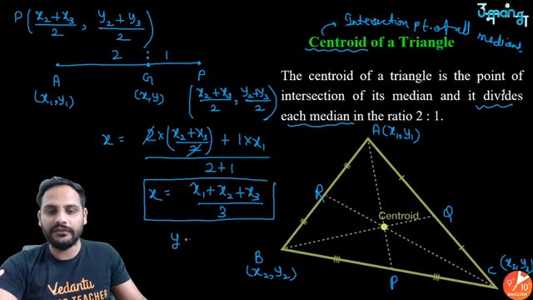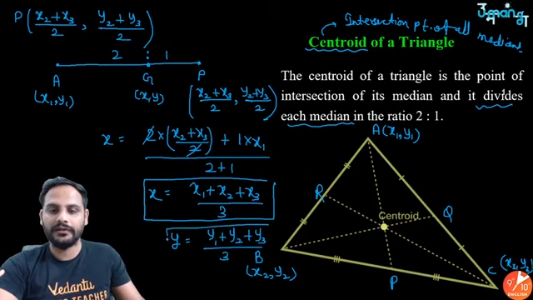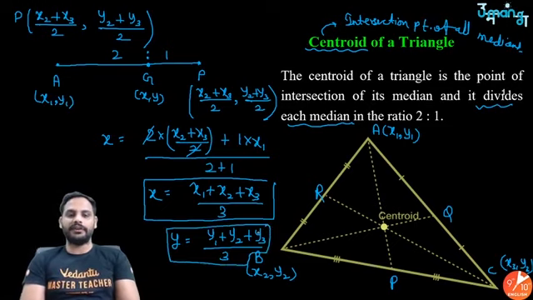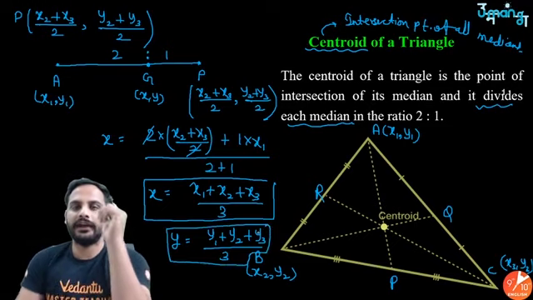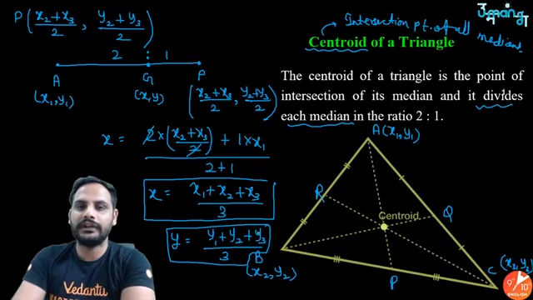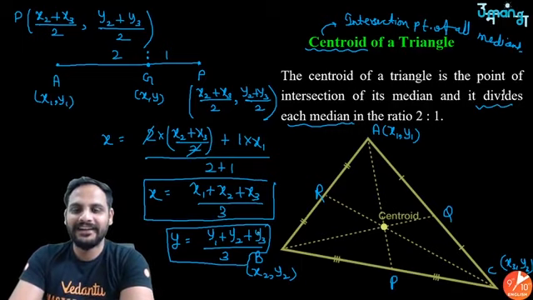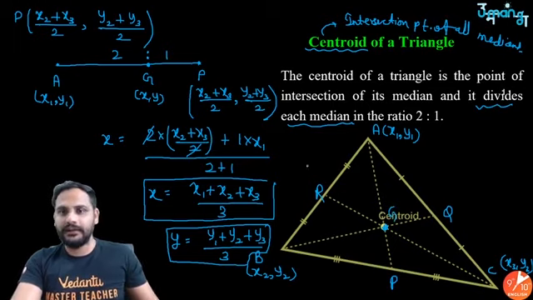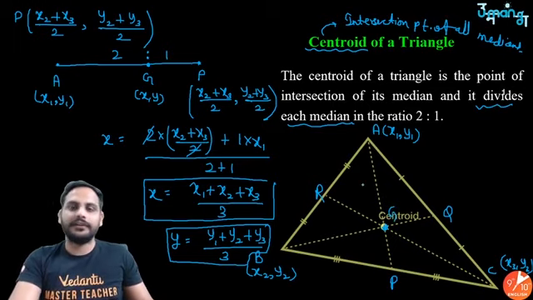Similarly, the y coordinate will be equal to y1 plus y2 plus y3, whole divided by 3. Got it? This is how you are going to get the formula for the centroid. So this point is your G. Direct formula: x1 plus x2 plus x3 by 3, y1 plus y2 plus y3 by 3.